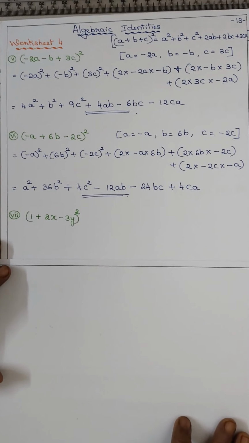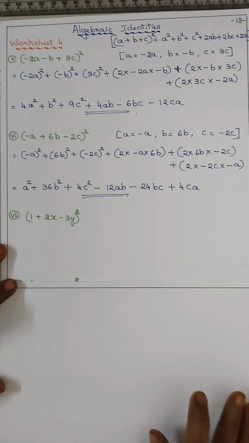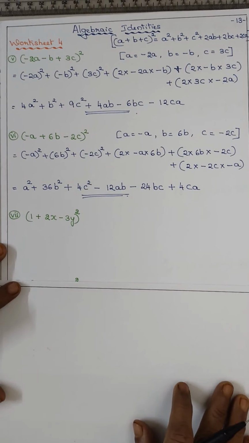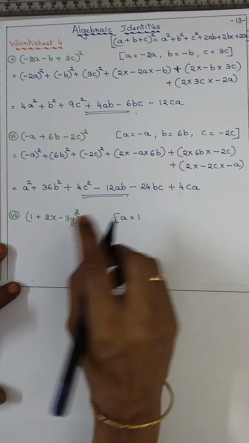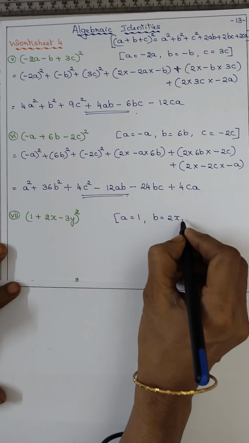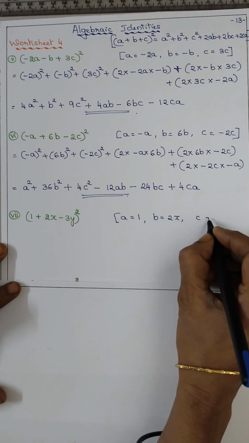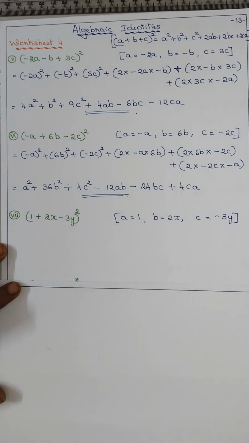Now coming to the 7th one, you have to be careful with the signs. Now a is equal to 1, b is equal to 2x and c is equal to minus 3y. Okay.